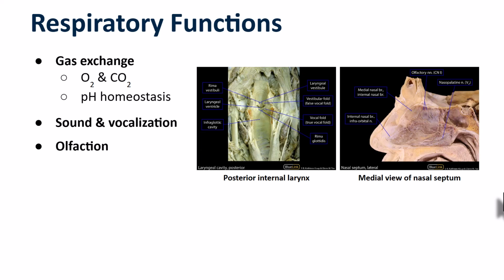There are three major functions that the respiratory system provides for the body. Number one, with a bullet, gas exchange. The respiratory system is the means by which we can load oxygen into blood so that hemoglobin may pick it up and carry it off to metabolically active tissues, a means by which we can offload carbon dioxide that has been delivered to the blood from metabolically active tissues so that we can exhale it. As part of this process, the lungs are also part of how we maintain pH homeostasis.